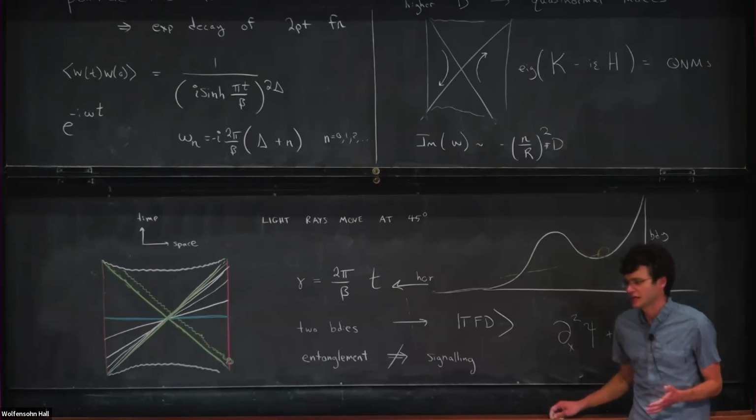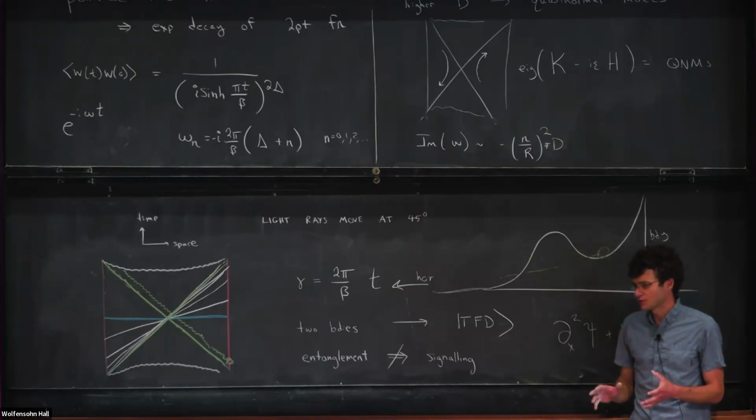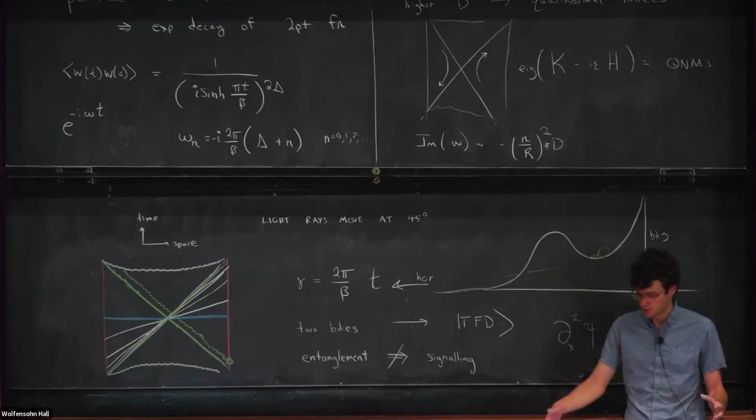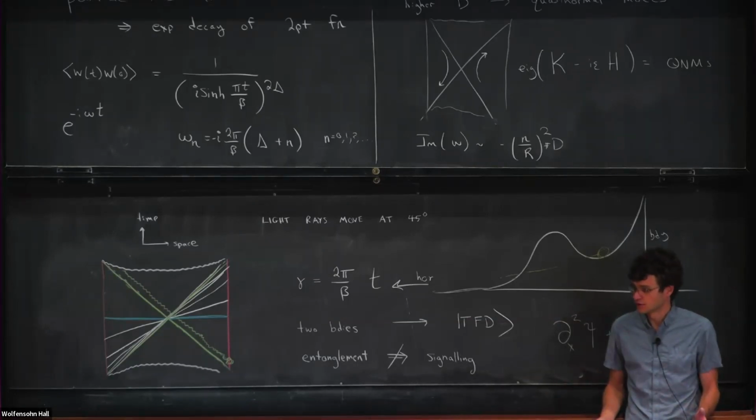Maybe something else I should say, which is, as far as I know, sort of a mystery from the perspective of many-body quantum chaos, is that if you consider operators on the boundary that have high angular momentum, then they decay very, very slowly. In particular, if we take the space to be a sphere, and we consider an operator that is smeared against some very high angular momentum spherical harmonic on the sphere, then it decays very slowly.